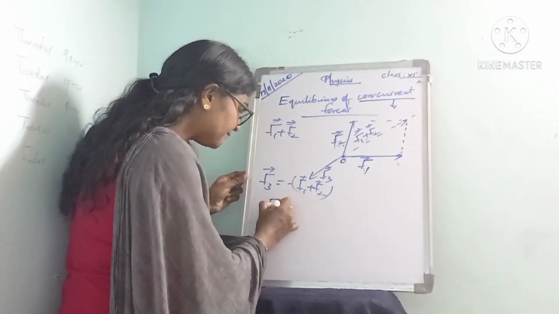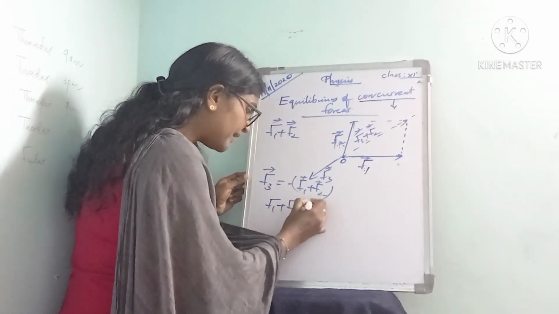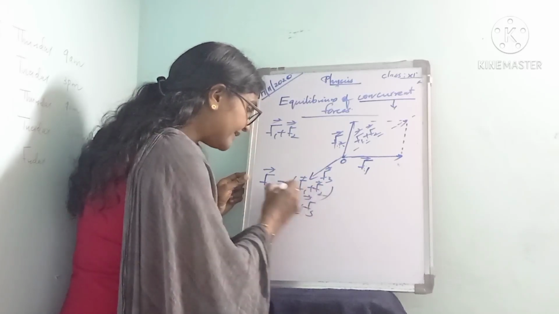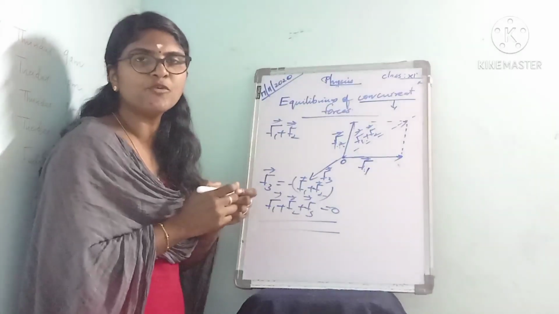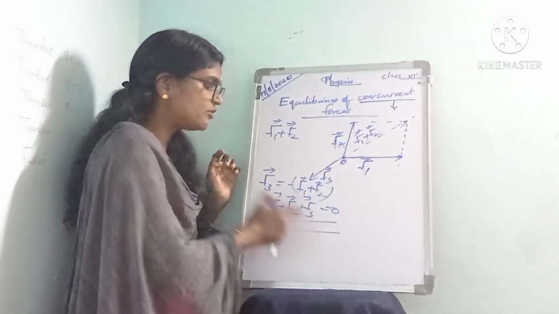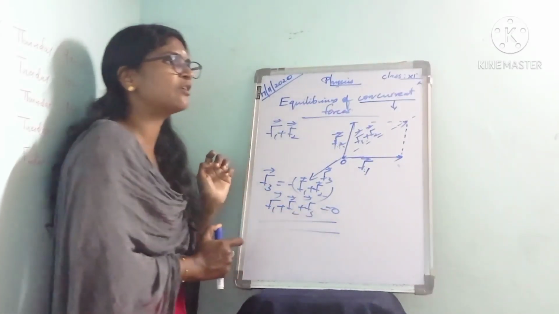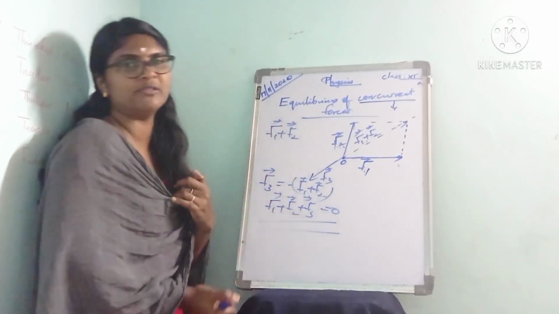Or we can write F1 plus F2 plus F3 is equal to 0. Actually, this is the condition for equilibrium of concurrent forces.